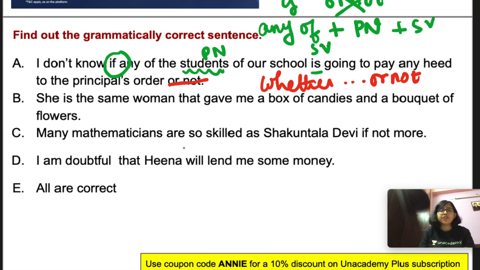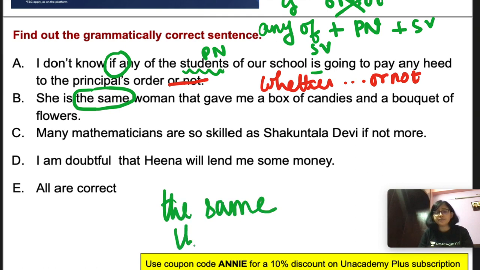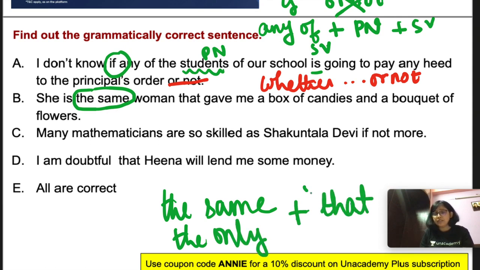Next, she is the same woman. So whenever "the same," "the only" is used, the relative pronoun that is used with these is "that." With "the same," "the only," we use "that" as the relative pronoun. So she is the same woman.